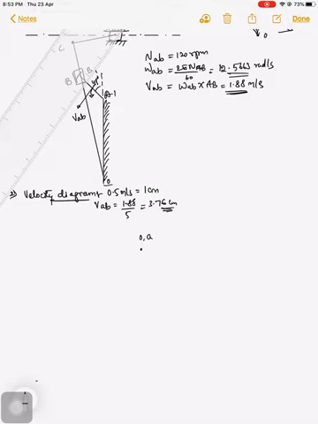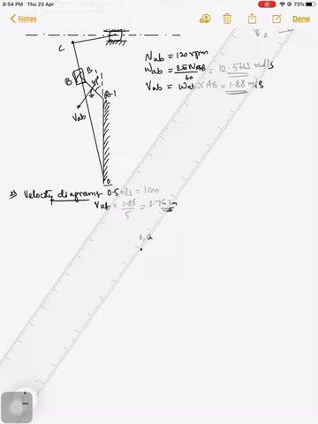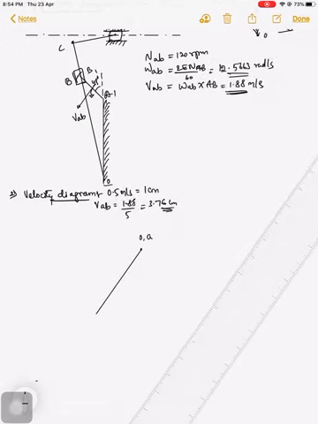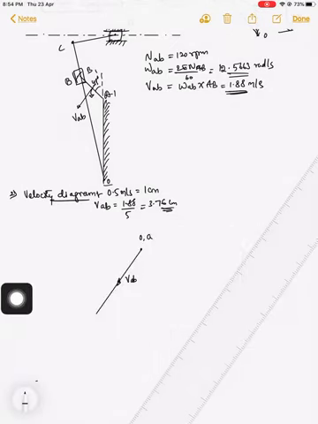So exactly parallel to this line, I'm going to draw a line of 3.76 centimeters. So this is the velocity AB.